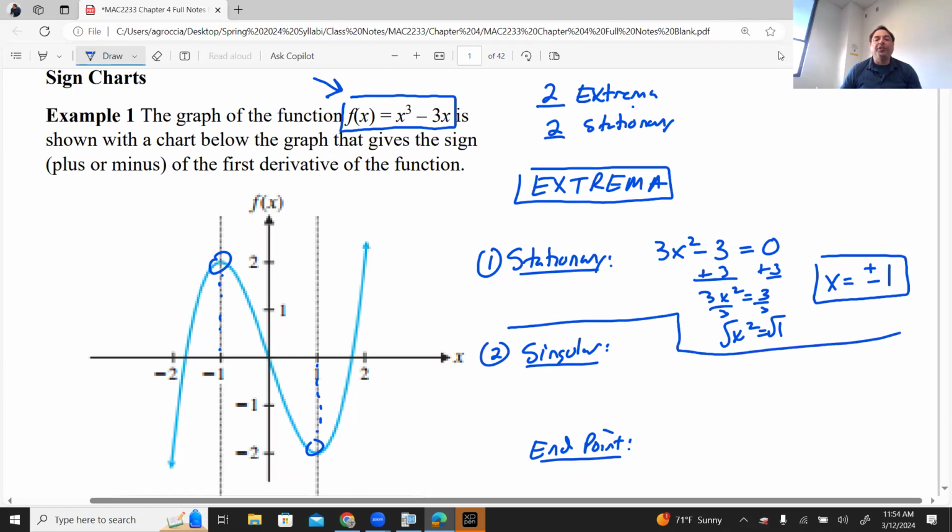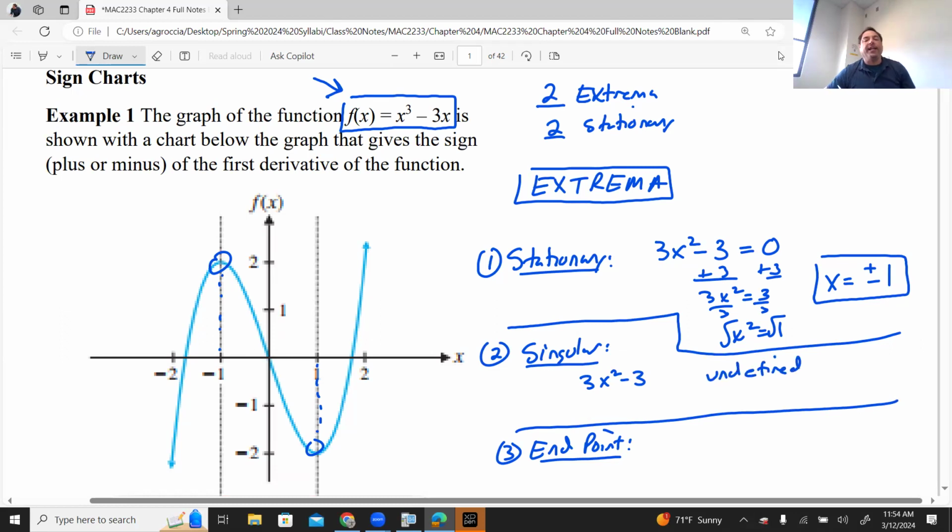Singular. How do you see and check if you have any singular points? And the answer is, you look at the derivative. There's the derivative. Is there any number that would make this undefined? Now remember, what's undefined? Undefined is like dividing by 0. So if there's a number that you would plug in that would make this undefined, that would be a singular point.